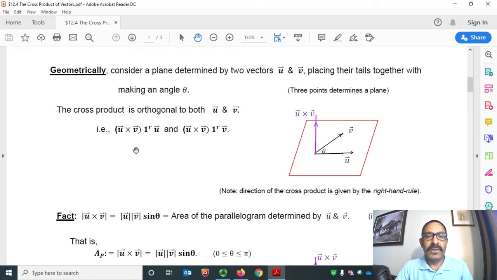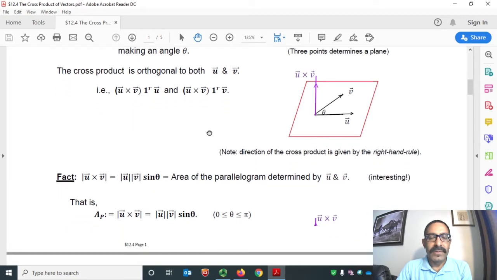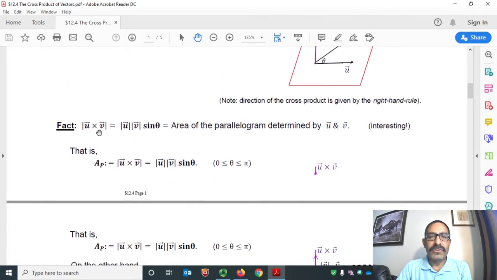That is, u cross v is orthogonal to u, and u cross v is orthogonal to v. Quick fact: the magnitude of u cross v turns out to be the magnitude of u, magnitude of v, times sine theta, where theta is the angle between u and v.